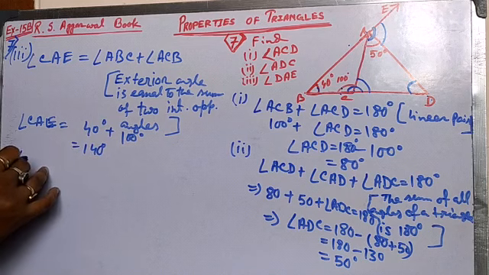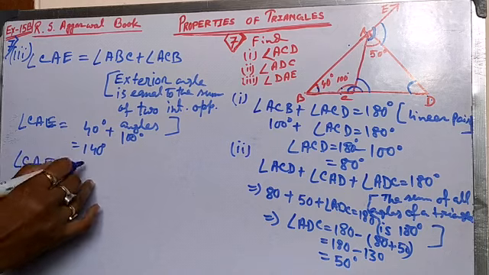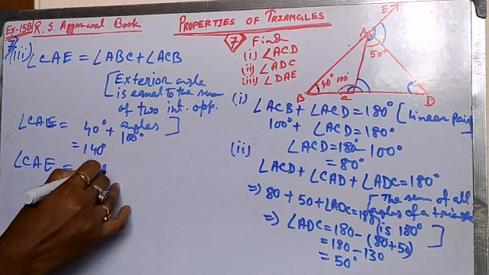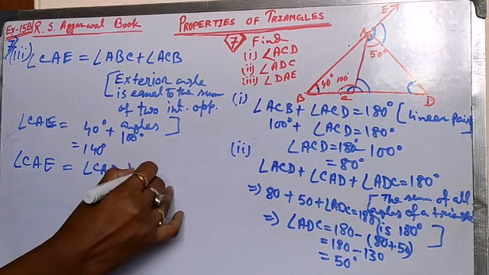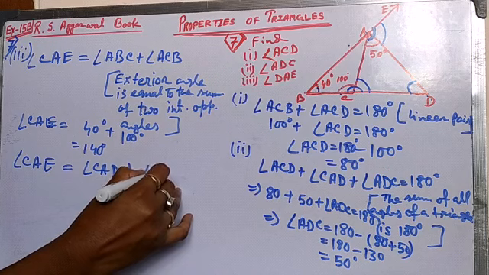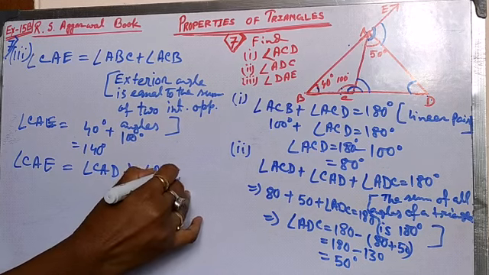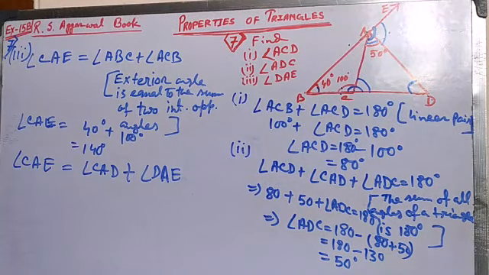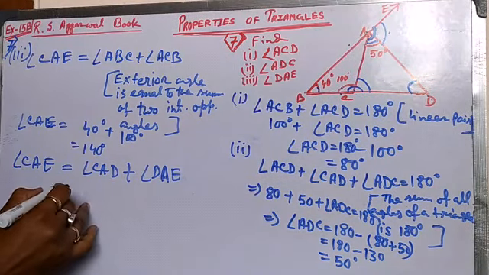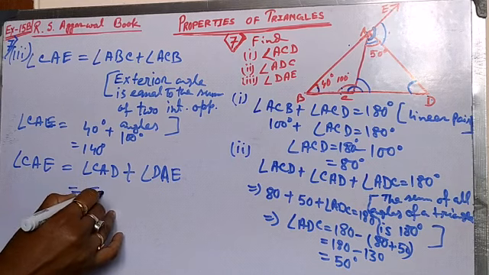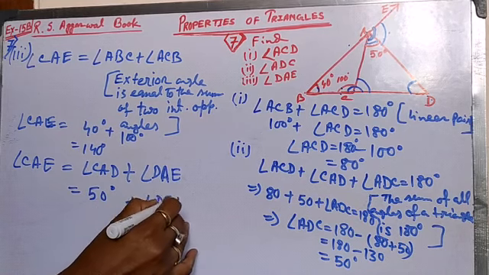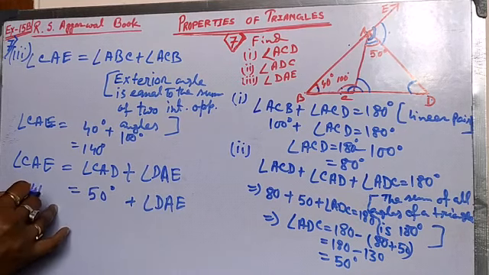But here angle CAE equal to angle CAD plus angle DAE. That means this angle plus this angle. CAD angle's value is given, that is 50 degree. We have to find out DAE and this value is 140 degree.